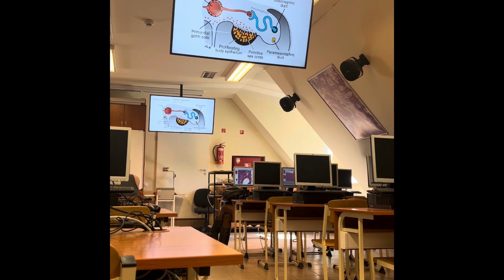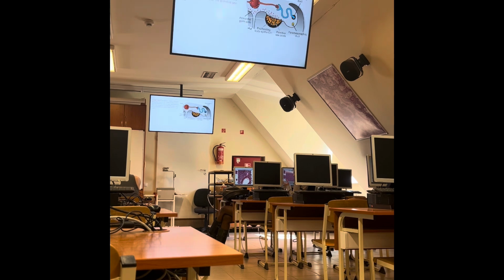From now on, development is together for the gonad and the germ cells, and the germ cells influence how the further development goes on. It depends on the chromosomes carried by the germ cells.